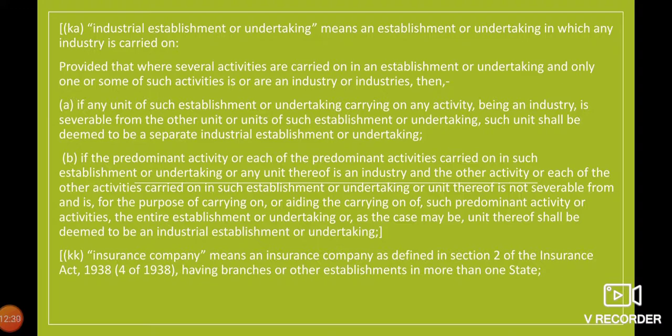Now let's move further. Section 2 clause KA, subclause B. If there is any predominant activity or each of the predominant activities carried on in such establishment or undertaking or unit thereof is an industry, and the other activity or each of the other activities carried on in such establishment or undertaking or unit thereof is not severable, which cannot be separated, and is for the purpose of carrying on, or aiding the carrying on of, such predominant activity or activities, then the entire establishment or undertaking, as the case may be, or unit thereof shall be deemed to be an industrial establishment.